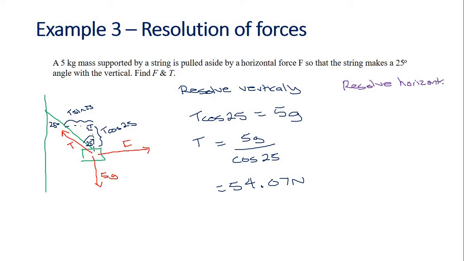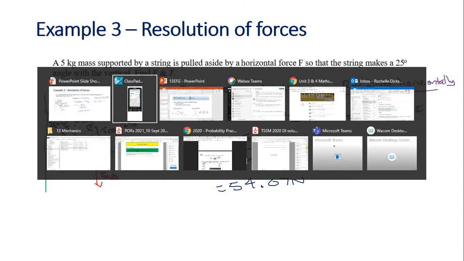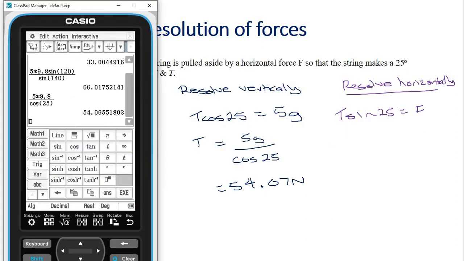So if we're considering the horizontal forces, because they're balanced, our force acting to the left is this part of the tension force. So T sine 25 equals our force acting to the right, which is F. Because we know the value of T from before, we're going to take our value of T that we had here and multiply that by sine of 25.